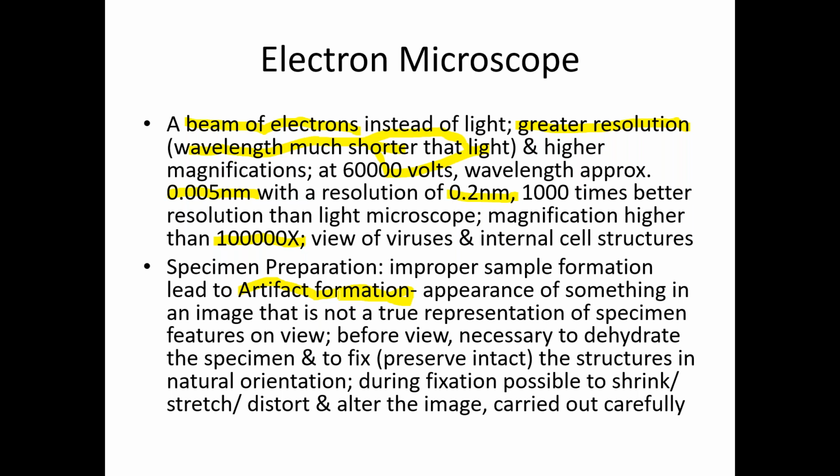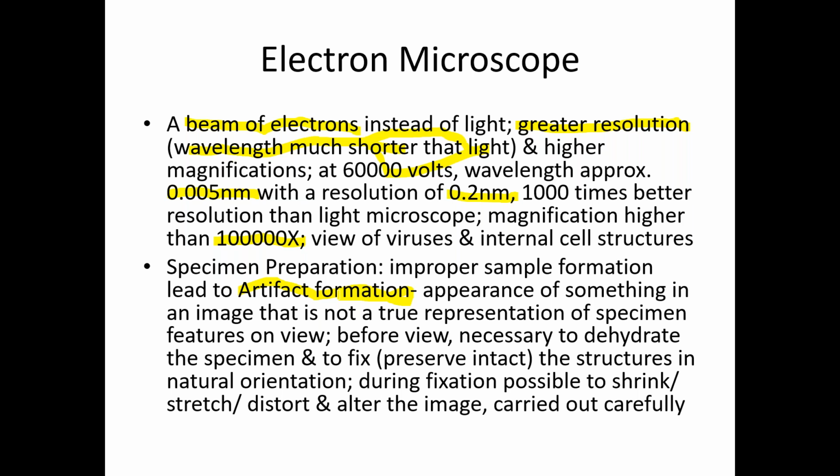It may be an improperly prepared specimen that imitates a real cell, but it won't be one. It will be due to problems in our sample preparation. Fine. So that is called artifact formation.